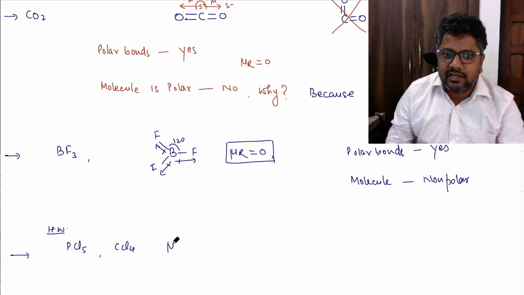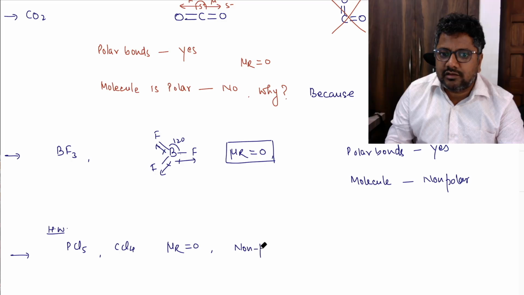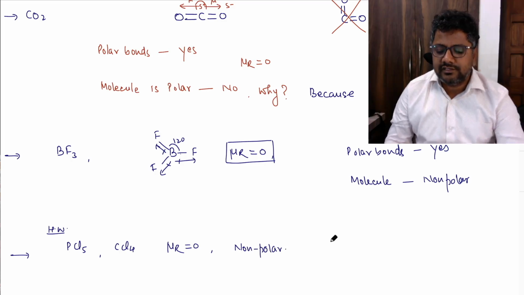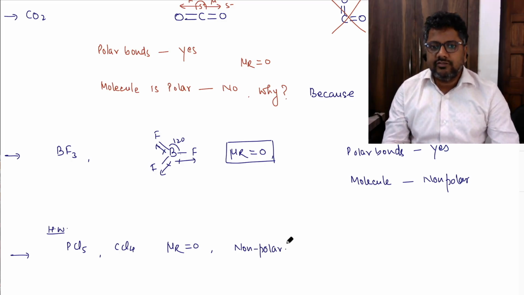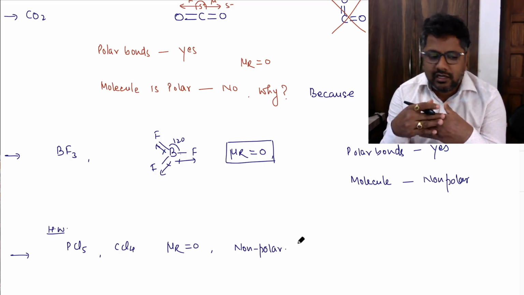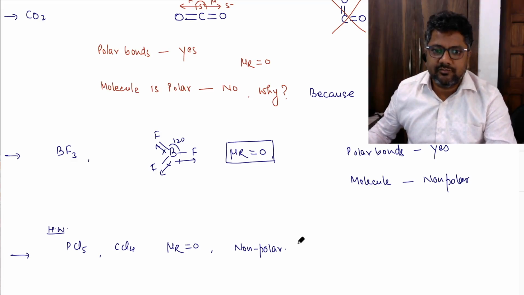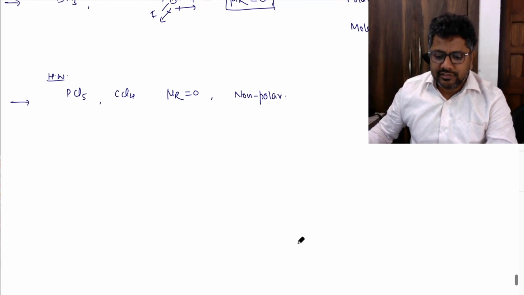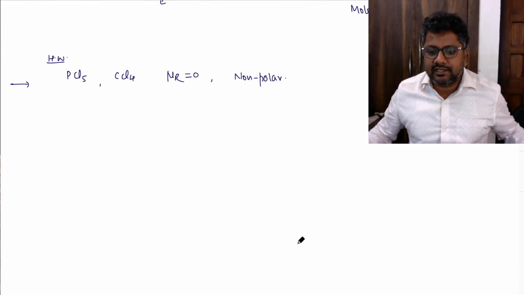So mu resultant is equal to 0. Therefore these molecules are non-polar, right? So in this way you can find out whether the molecule is polar or non-polar by using the dipole moment.